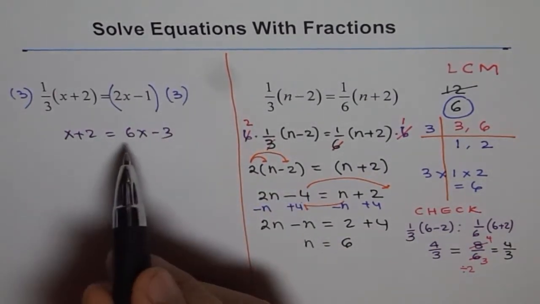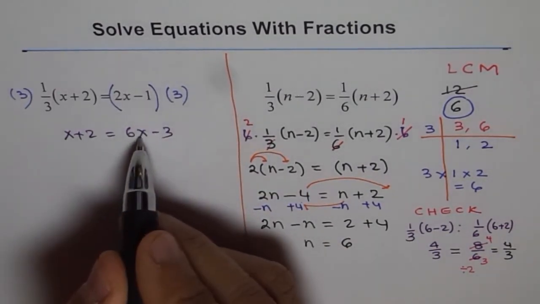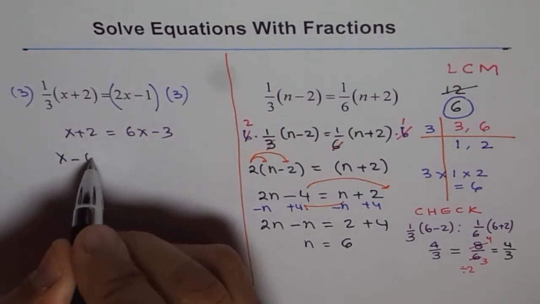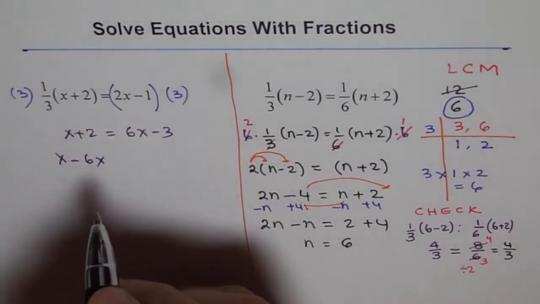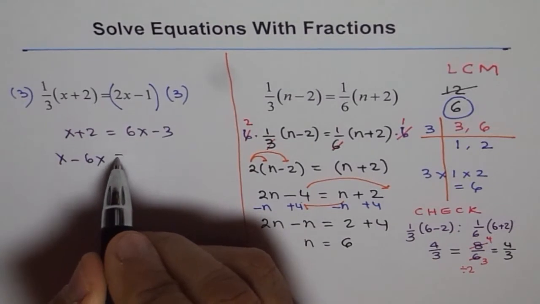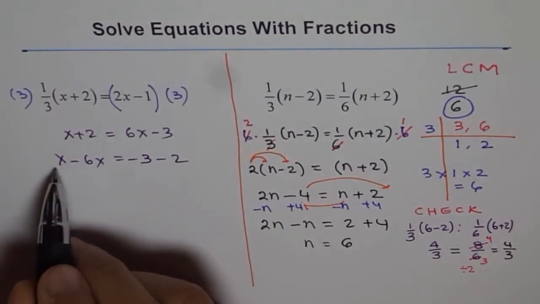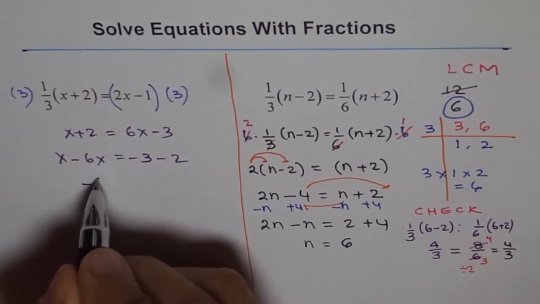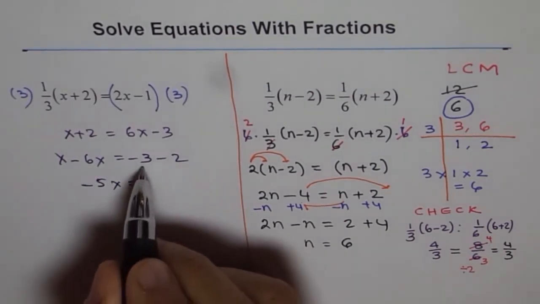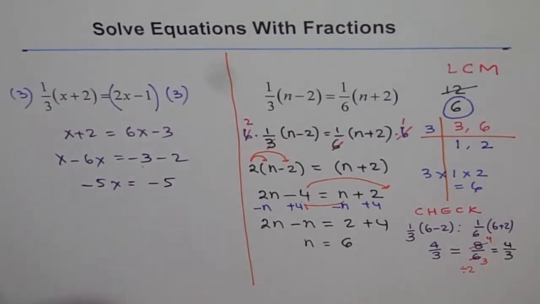Second step, bring the variables together. So let's do x minus 6x, that is bringing it here, and bringing 2 there will become minus 3 minus 2. Now x minus 6x is minus 5x, and minus 3 minus 2 gives me minus 5.